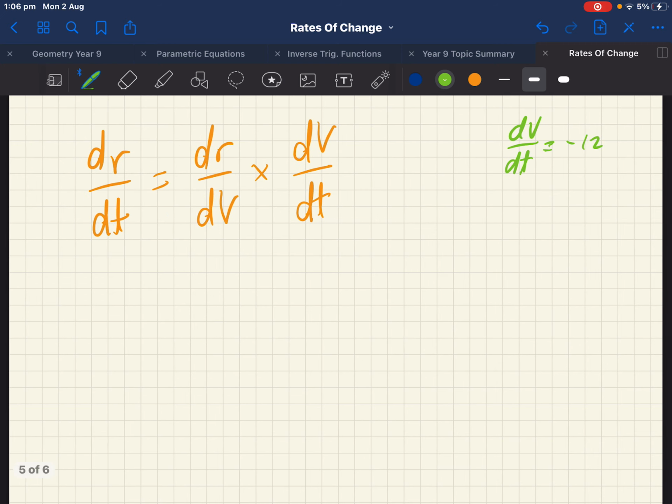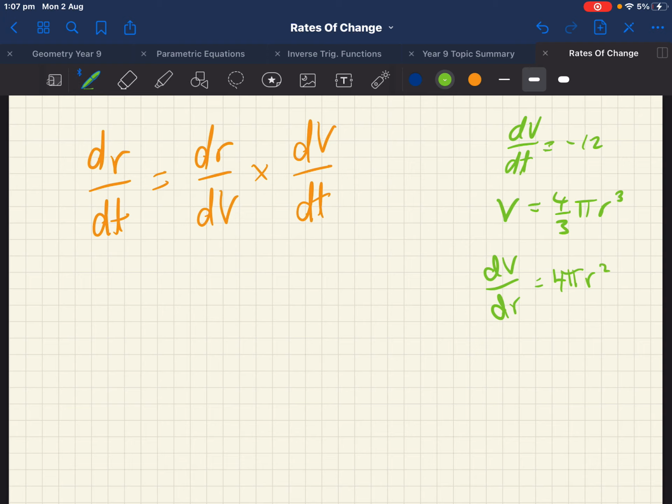And the way we're going to find dr/dv, well, we know V is equal to 4/3 pi r cubed. Differentiating will give us dV/dr is equal to power down the front. So that will end up cancelling with the 3 on the bottom to just leave us with a 4, and 1 away from the power.